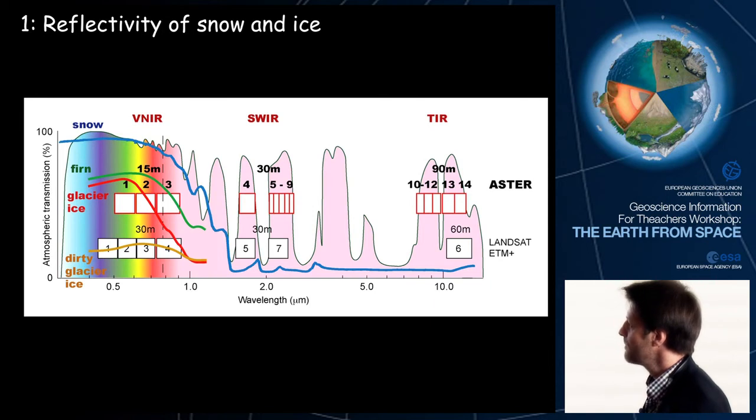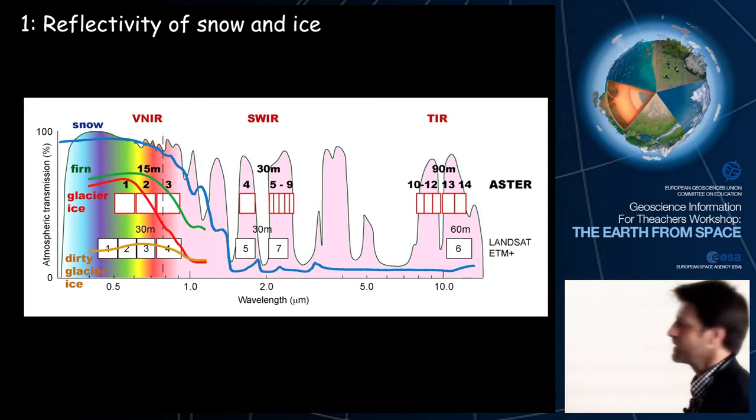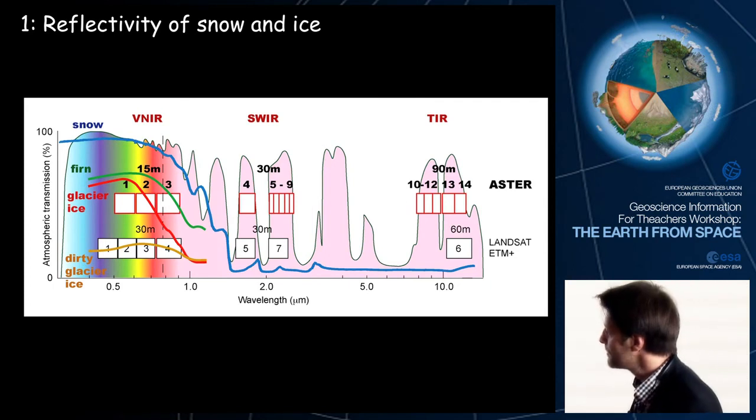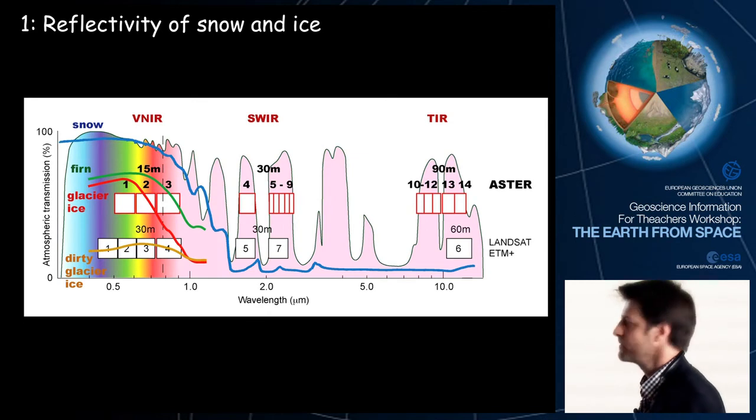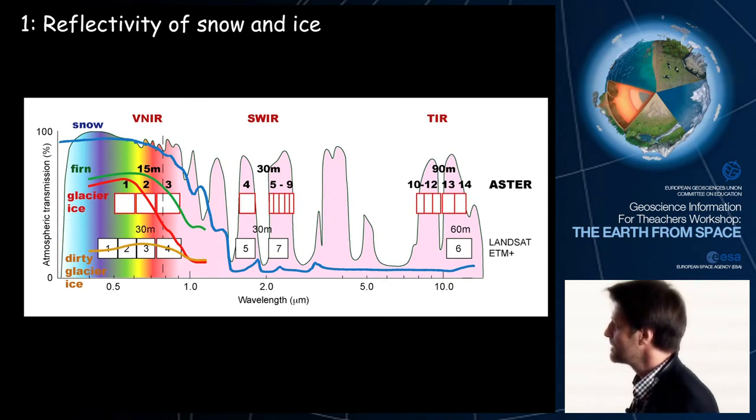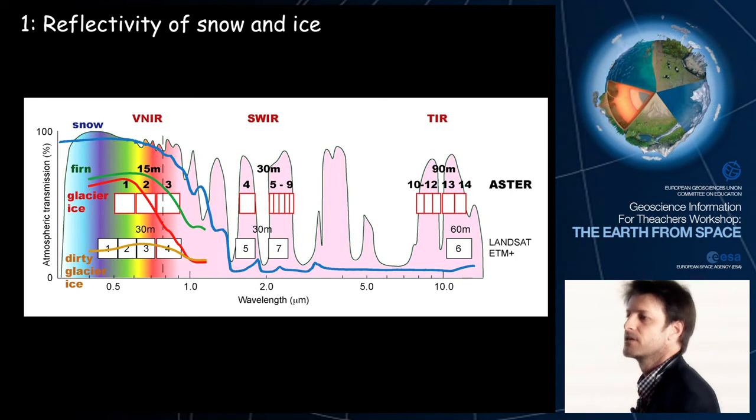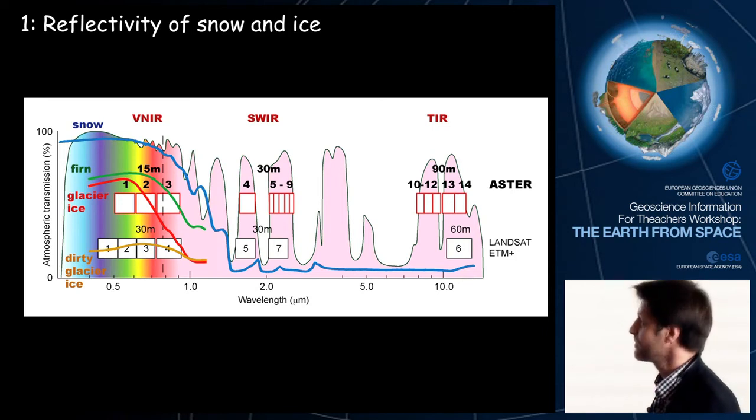So wherever this curve is high, a satellite sensor is able to see through the atmosphere. Wherever this curve is low, a satellite sensor, nor we, would be able to see through the atmosphere. So that's the reason why satellite sensors are sensitive or have sensors in these so-called atmospheric windows. It would make no sense to measure here because we won't see the Earth. It would make sense for atmospheric research, but not for Earth observation.